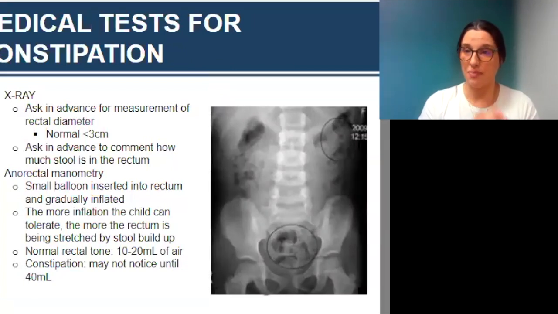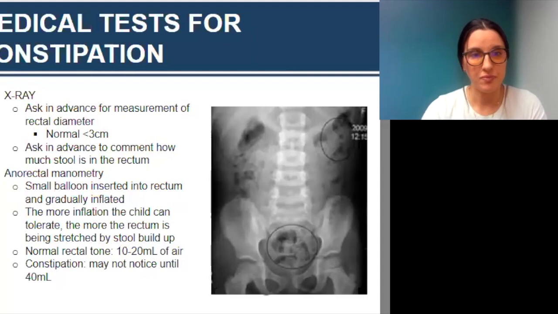This gives us a good baseline, and tells us how much the rectum has been stretched out from this constipation. We also want to ask in advance for them to comment on how much stool is in the rectum, so that we know how often bowels are moving.